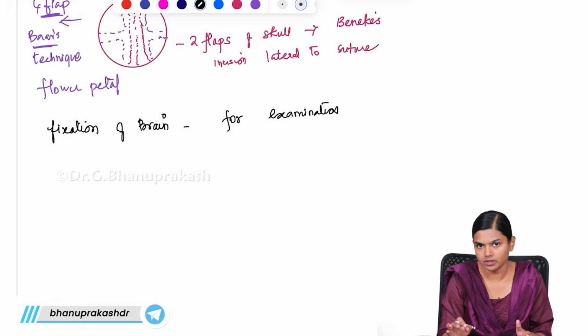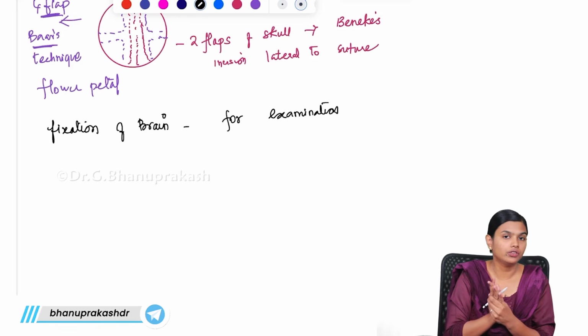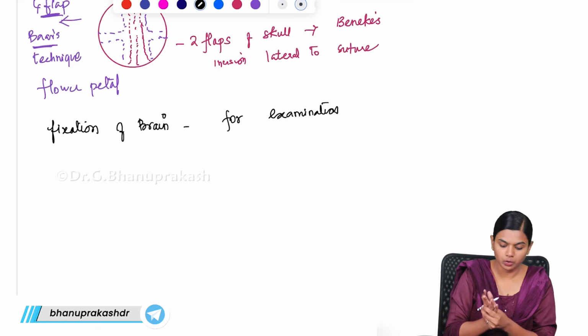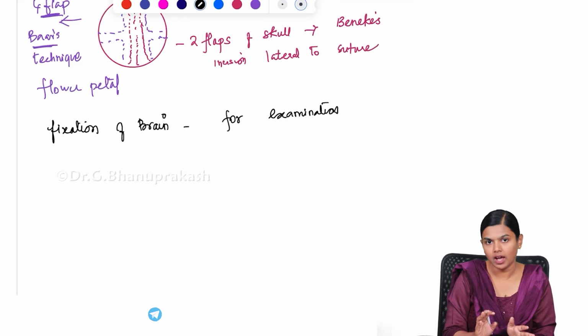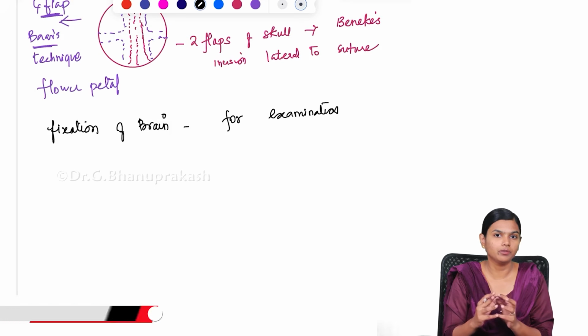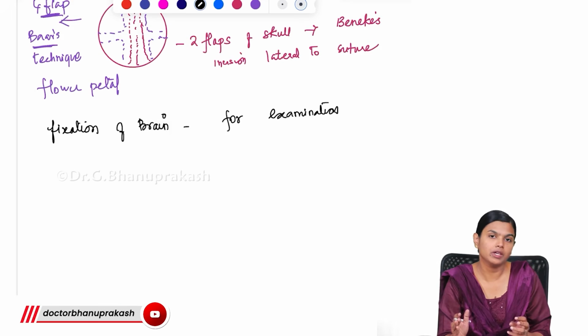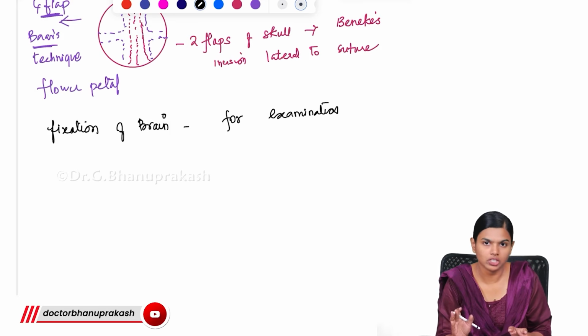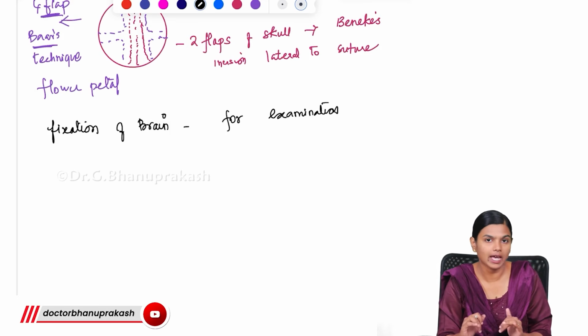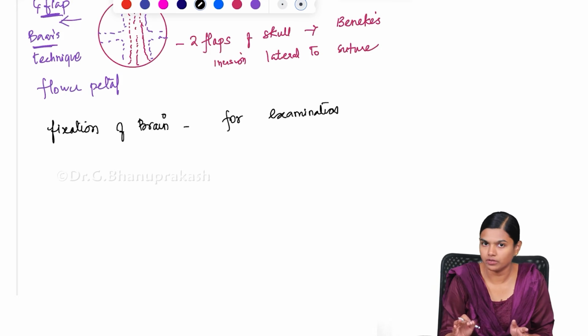So for examining the brain completely, you have to do fixation of the brain. We will put the brain in formaldehyde and leave it for some 24 to 48 hours. After that, the brain will become firm. If we cut open the brain after that, we will be able to identify all the pathology easily. So fixation of the brain can be done if there is no urgent need, after proper fixation.